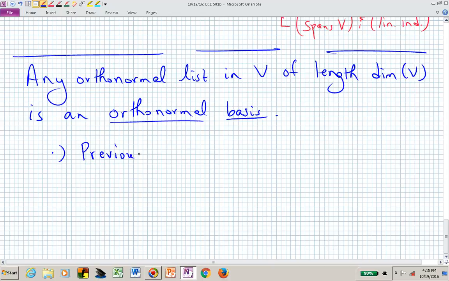For our previous result, corollary 26, chapter 6, showed that the list was linearly independent.